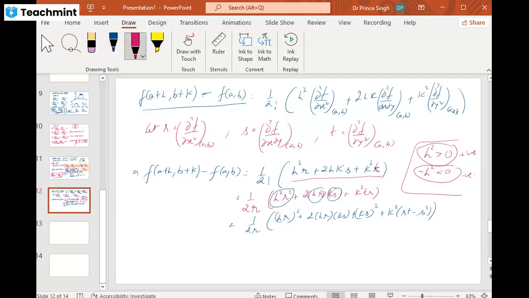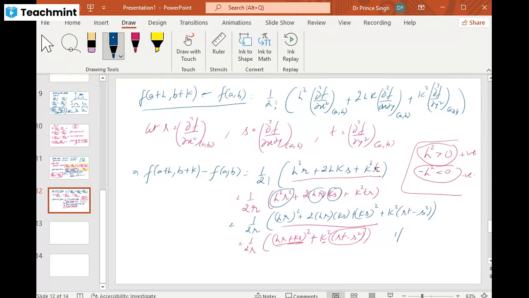Now this is equal to 1 upon 2r. Now this is a perfect square, (hr plus ks) whole squared, and this is k squared times (rt minus s squared). Now the square of a number is always positive, right? This number is also positive. If this number is also positive, then we can say that the entire expression is positive. So what is the condition?